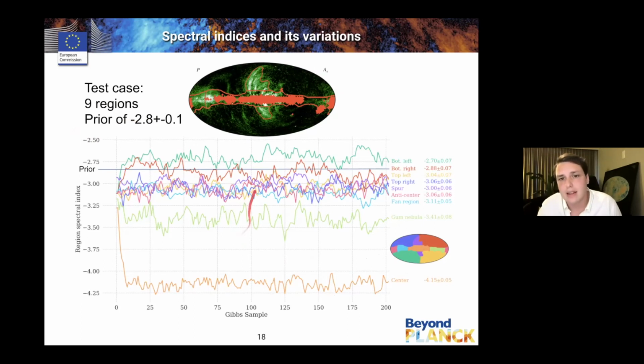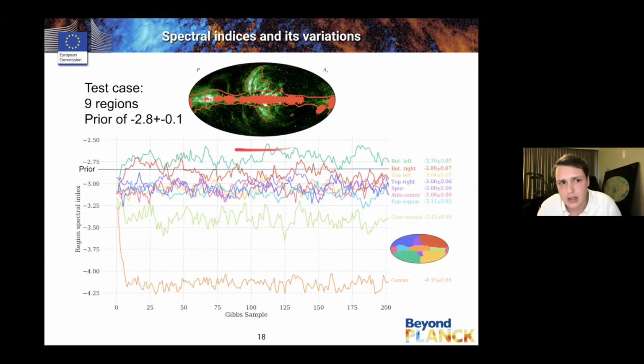And that could very well be a coupling with systematic effects such as temperature to polarization leakage around this complicated area of the sky. And there's also some in the Gum Nebula and these areas close to the galactic plane that have little signal overall.